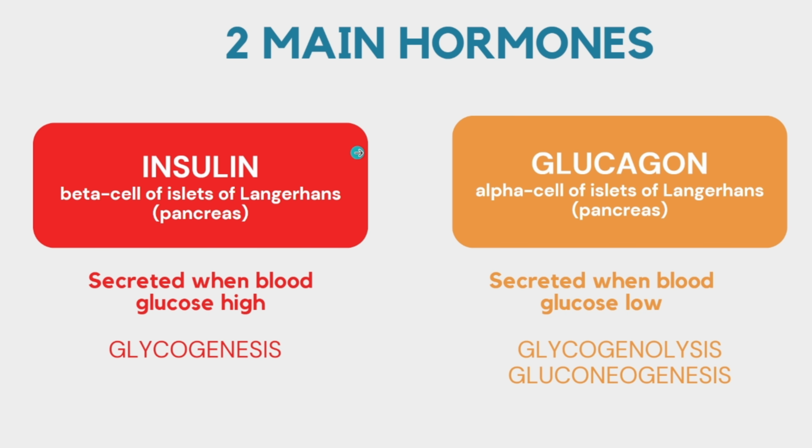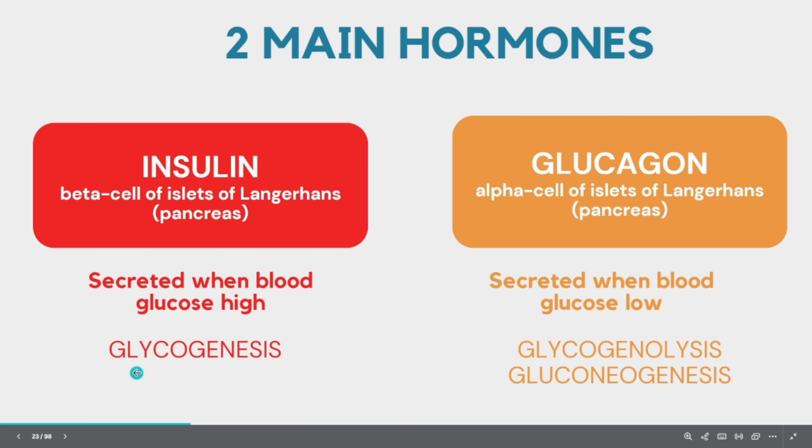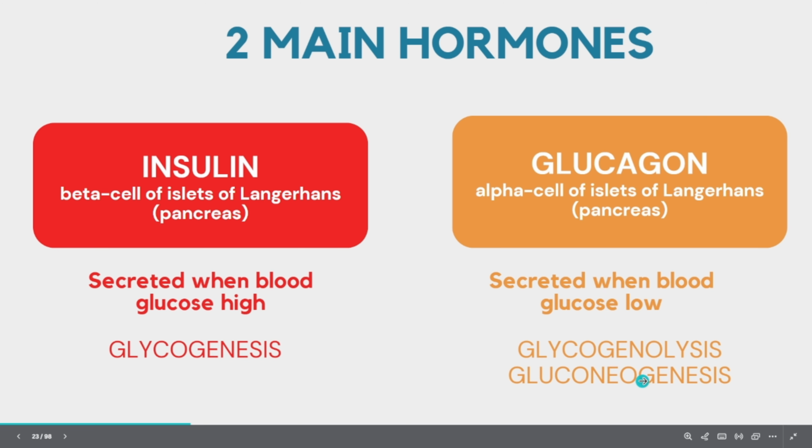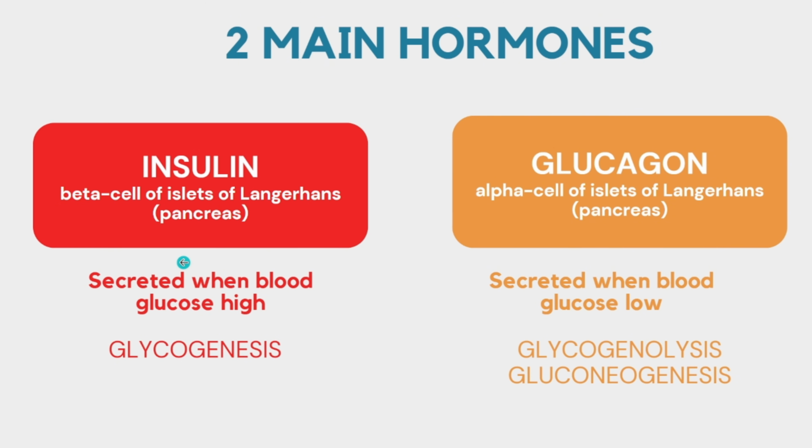With insulin, your process is glycogenesis. That is all you learned in SPM. About the processes of glycogenolysis and gluconeogenesis, you did not learn them in SPM. You only learned that insulin converts glucose into glycogen and glucagon converts glycogen to glucose. But in STPM, the term convert cannot be used.